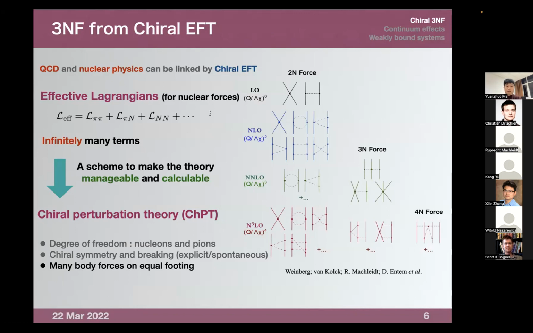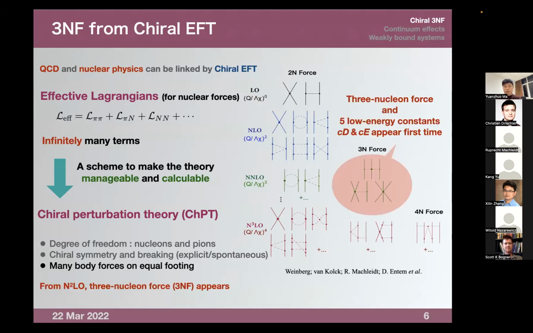It considers the degrees of freedom of nucleons and pions, and also respects chiral symmetry and its breaking. One remarkable feature of this is that many-body forces will appear and will be treated on an equal footing.